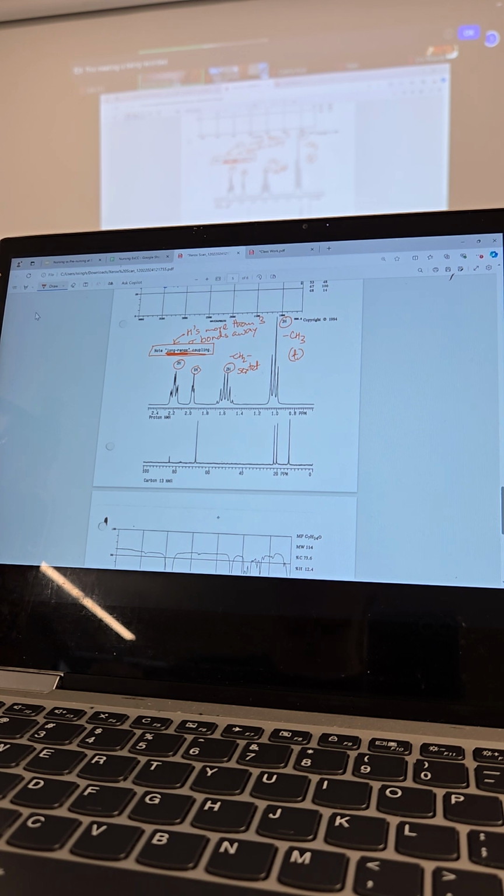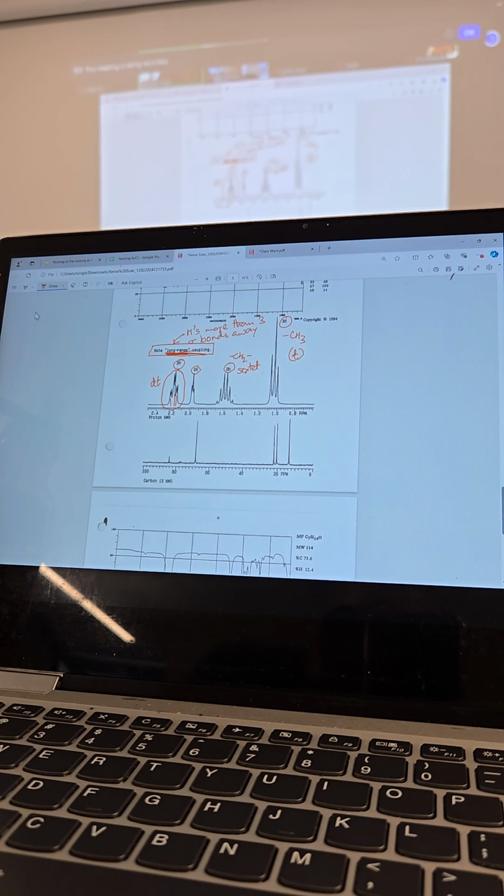When I look at this signal right here, do you see there are 3 lines, and then each of the 3 is split into 2? So that's really a doublet of a triplet. There was a triplet first, and then each part of the triplet was split into 2 parts.